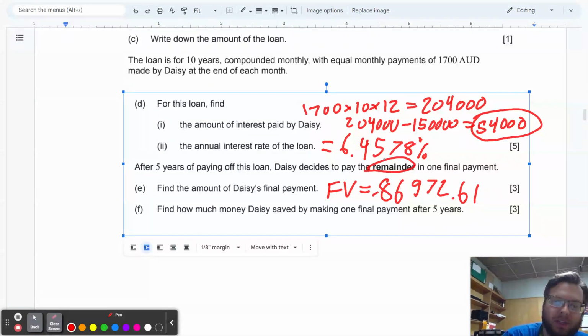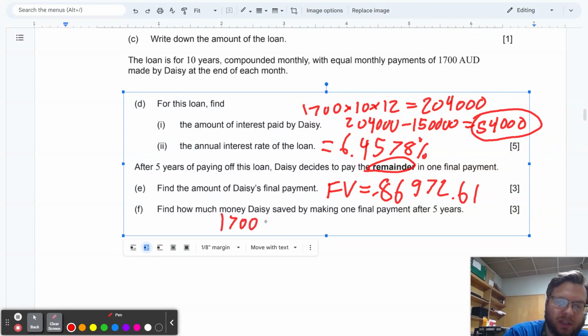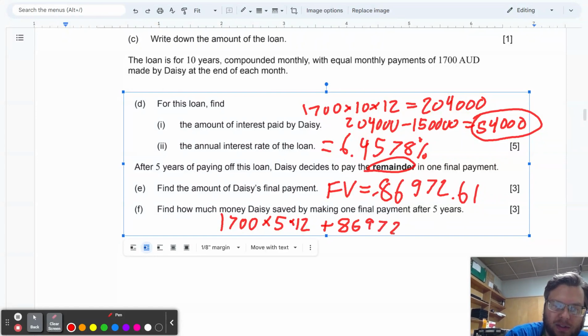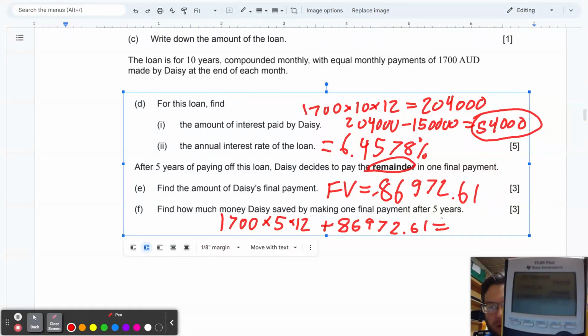So how much money did she save doing it this way? Well, that means she did $1,700 times 5 years of 12 payments per year, plus she paid 86972.61. So this number right here is going to be the total amount that she paid. So that's the total amount that she paid, 188 and change.